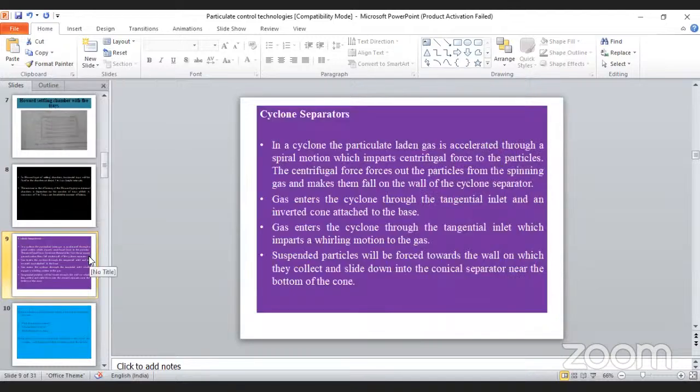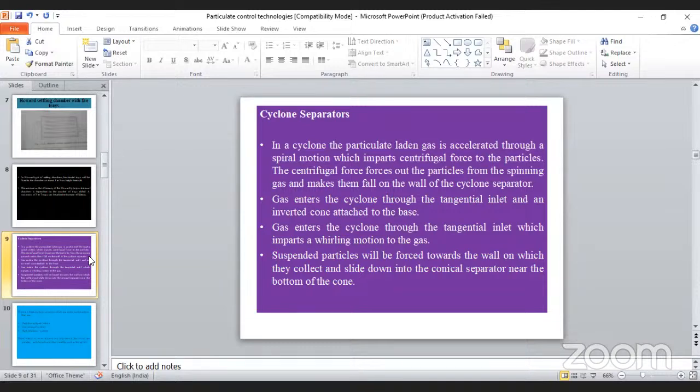Cyclone separator. Cyclone separator is one of the important units, and the wonderful thing about this cyclone separator is, if you want to separate any solid or liquid from the gaseous stream, you can use the cyclone separator, which is of a cone shape. From the top, we are introducing the gas, which makes a vortex motion inside the cyclone separator.